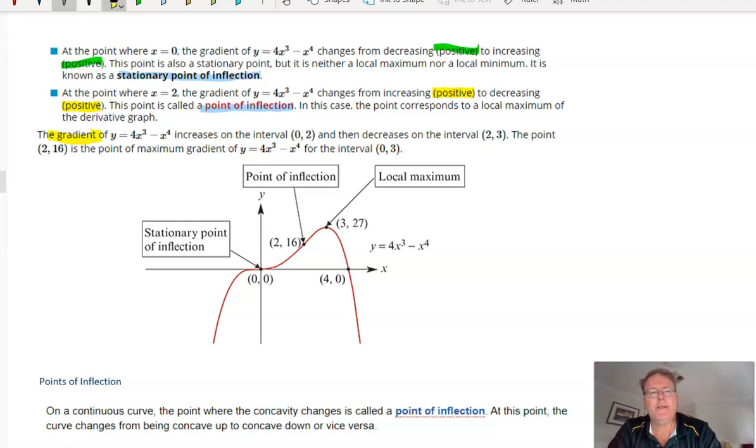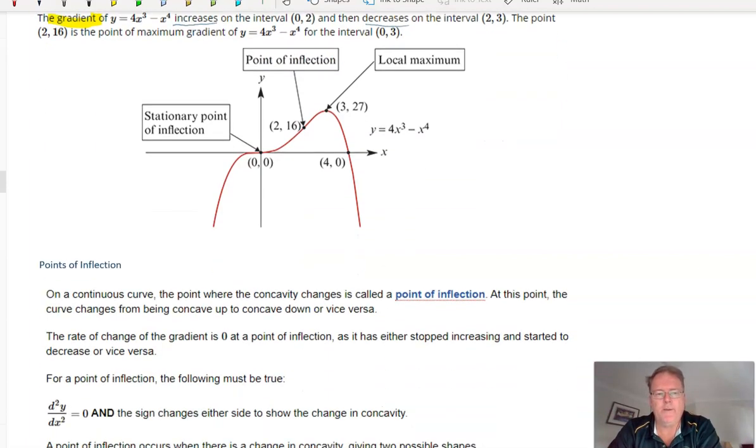So the gradient increases and then decreases. The point 2, 16 is a point of maximum gradient for the interval 0 to 3. So in that particular point between the two stationary points, that's our maximum gradient. And that's a point of inflection, a point of maximum gradient.